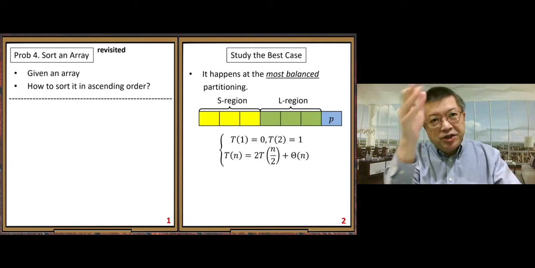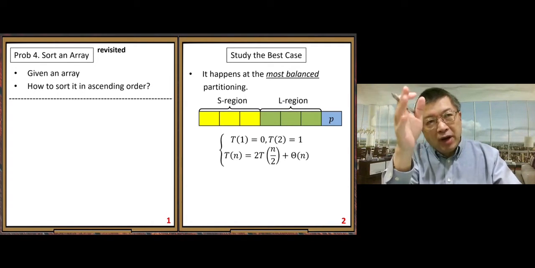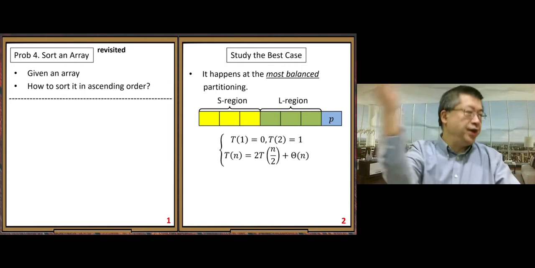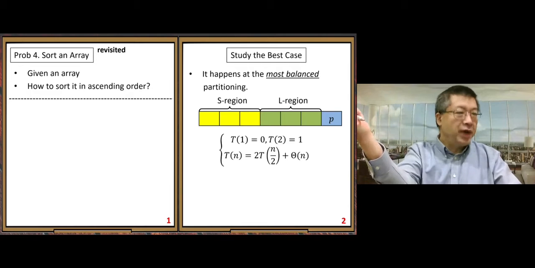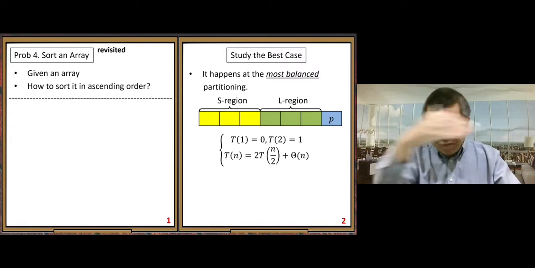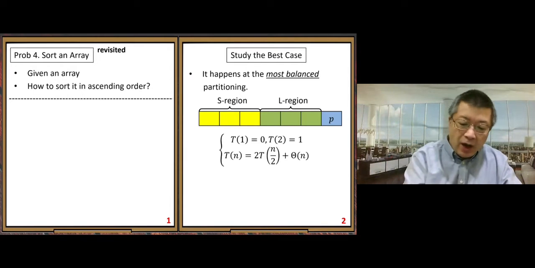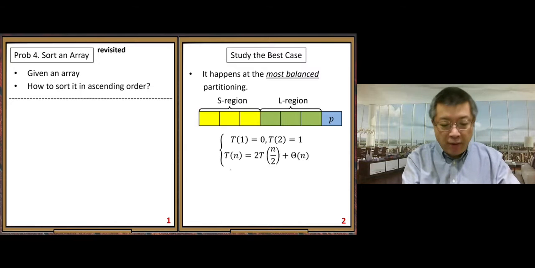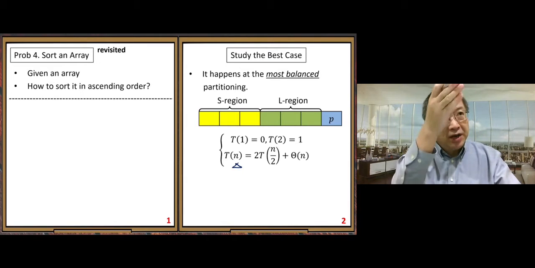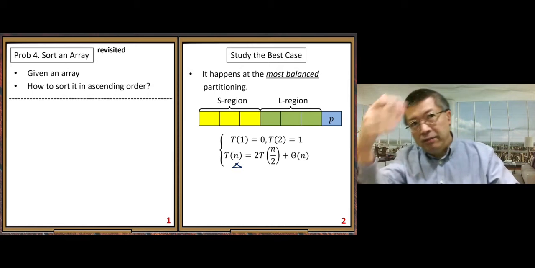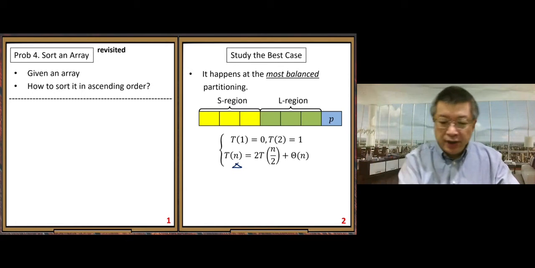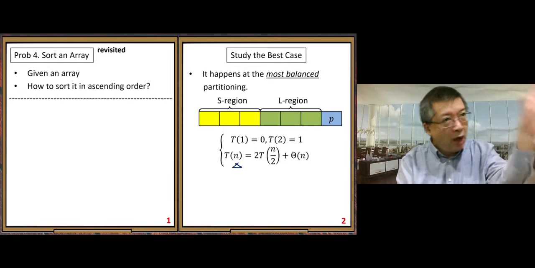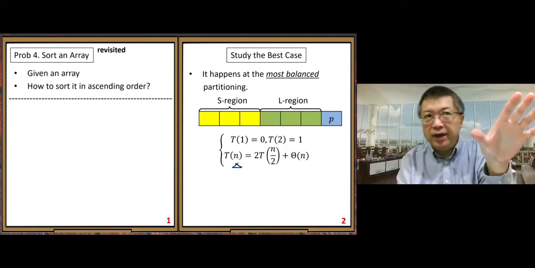So the base case, T of 1, the number of comparisons for 1 element, is 0, right? 2 elements, 1 comparison. Get it sorted. The general case, T of n, the total number of comparisons for data size n: by our best case partitioning, we need to conquer each subarray.